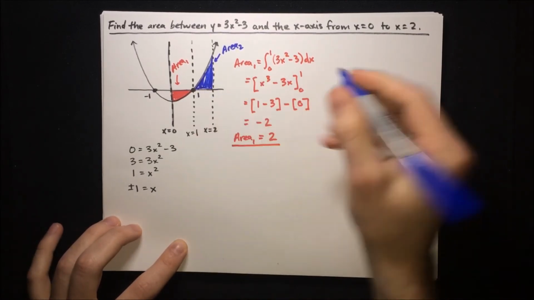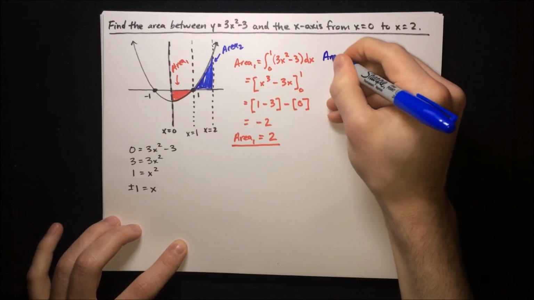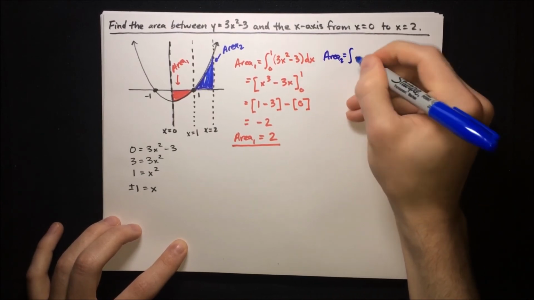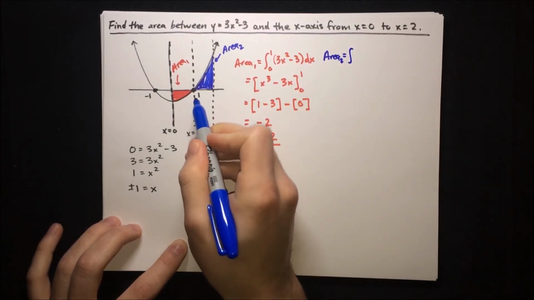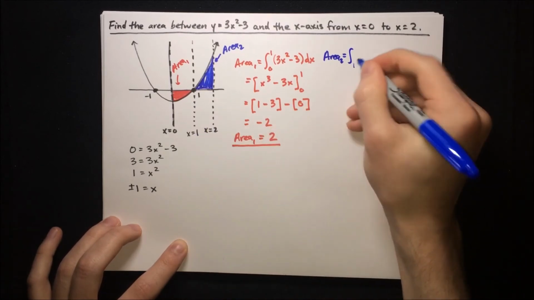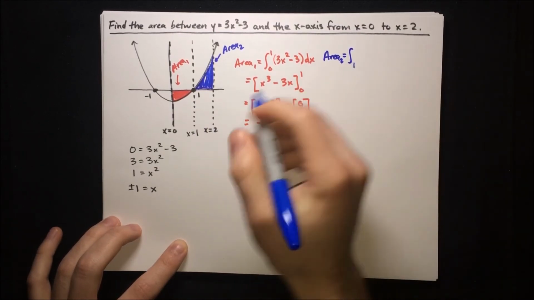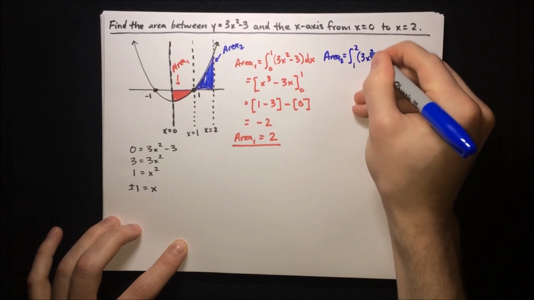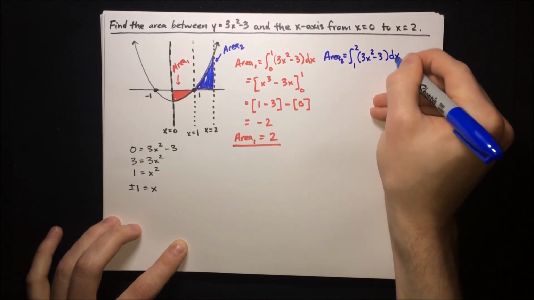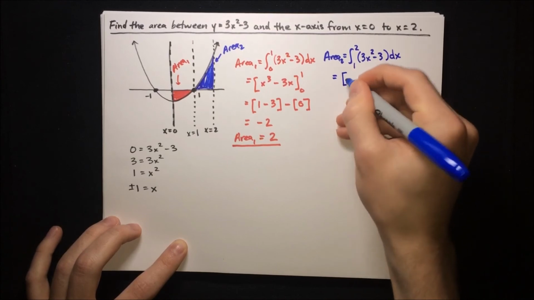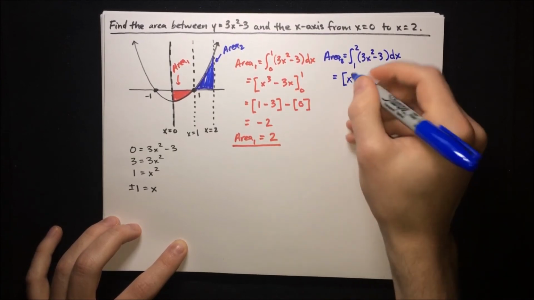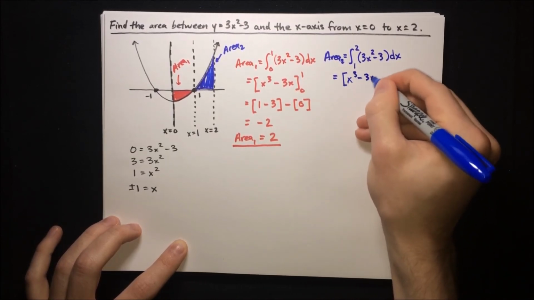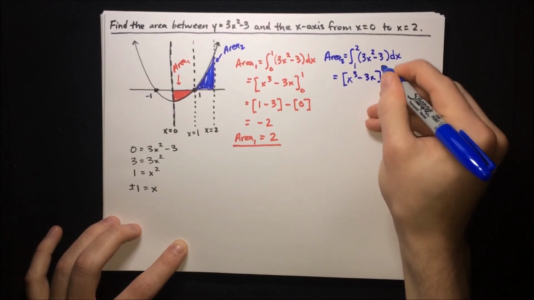Now we can find area 2. That's going to be the integral from the crossover point 1 to the right bound 2 of our function 3x squared minus 3, and we'll go ahead and take the integral, so that's just as before, x cubed minus 3x, evaluated at the bounds 1 and 2.